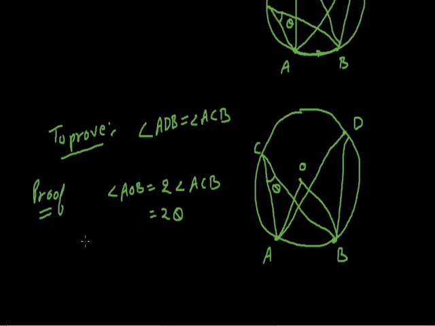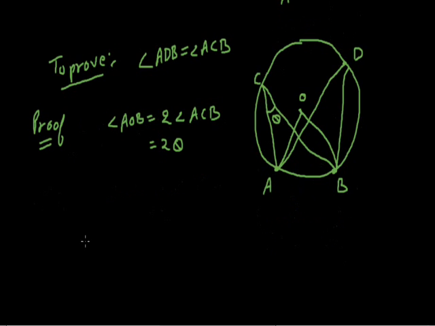And again we apply the same theorem: the angle made by the arc at the center, that is AOB, is twice the angle made by the same arc AB, which makes an angle ADB. So we can also say that angle AOB is twice angle ADB.